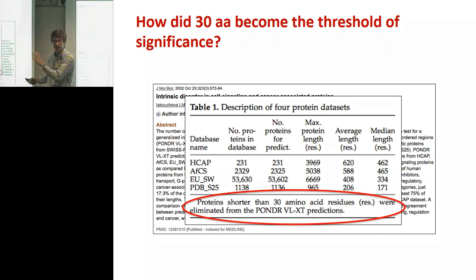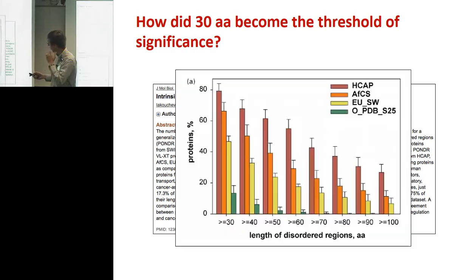Once they do that removal, they calculate the overall disorder, and they see that the signaling proteins, which are the orange ones, and the cancer proteins, if they're greater than or equal to 30 residues, tend to have higher disorder.